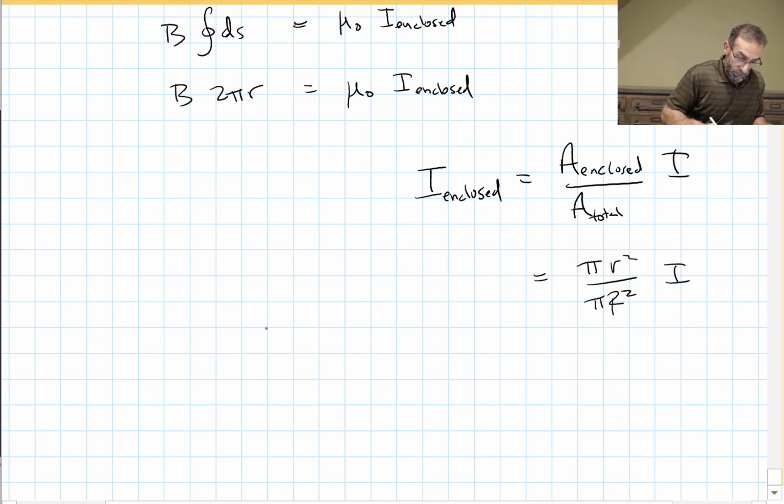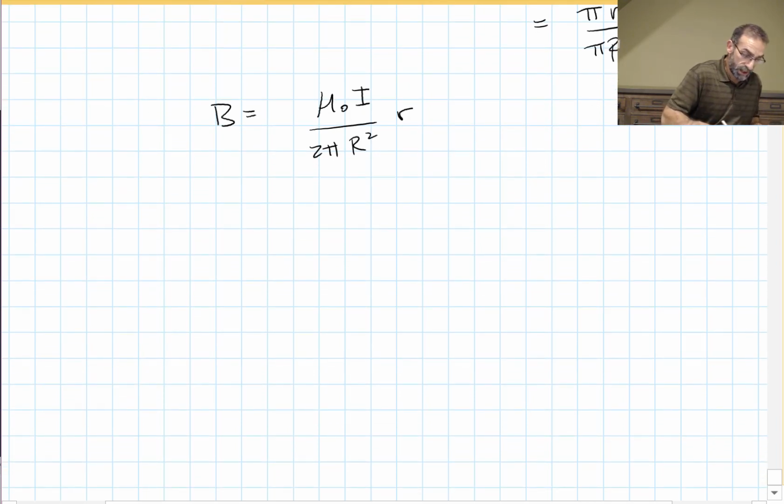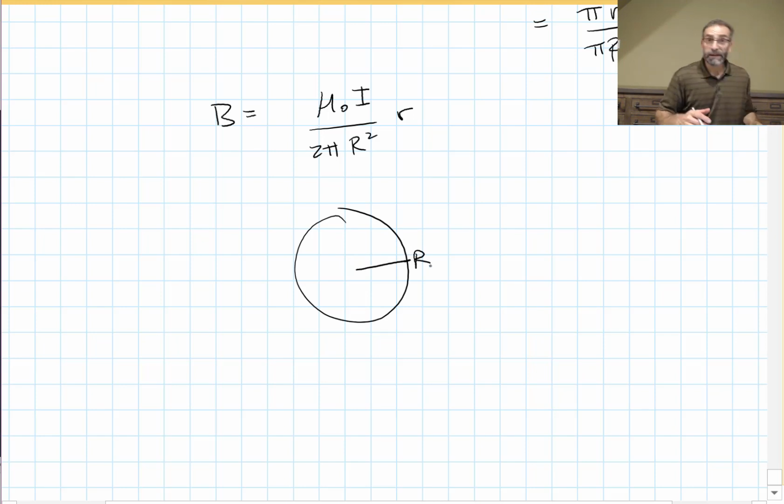And so our magnetic field is going to be mu naught I over 2 pi capital R squared times little r. We could even plot this if we wanted to. Here's the diameter, here's the radius of our wire.